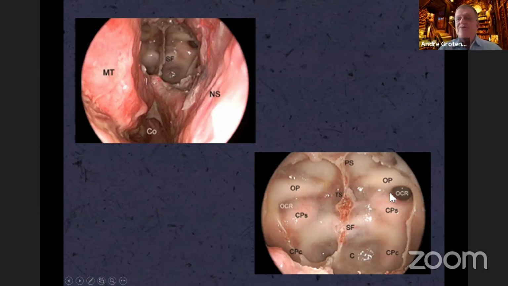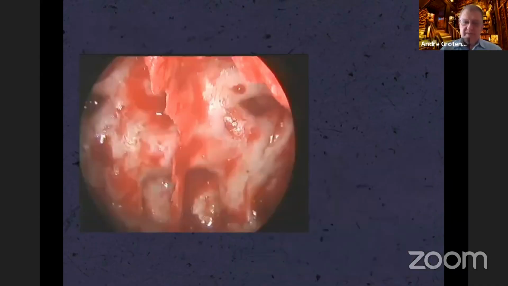That's not always there, I have to tell you. But it is so important to see that because above the optic bulges, here we have the planum. And in between, a little bit more dark, is the tuberculum sellae, which is a thicker bone. So that is the typical appearance of the sphenoid sinus.